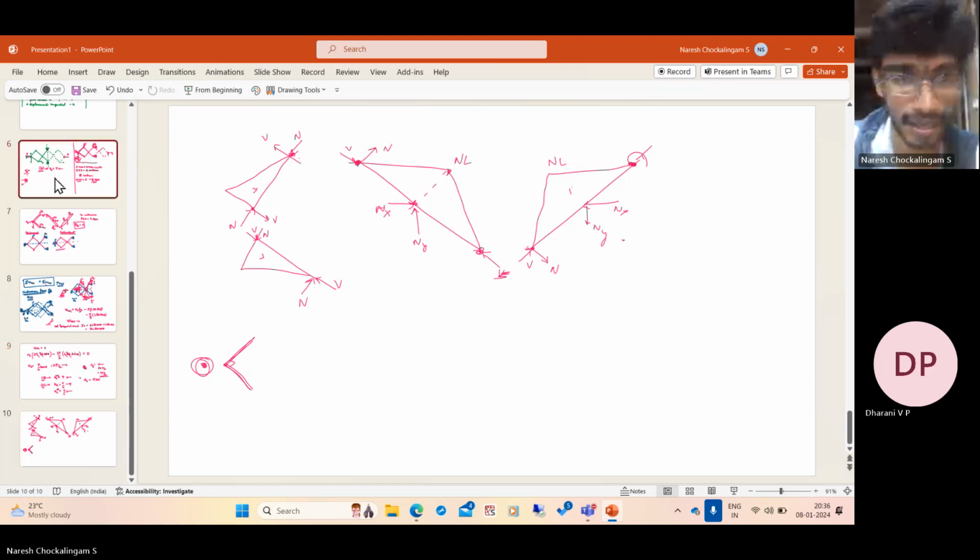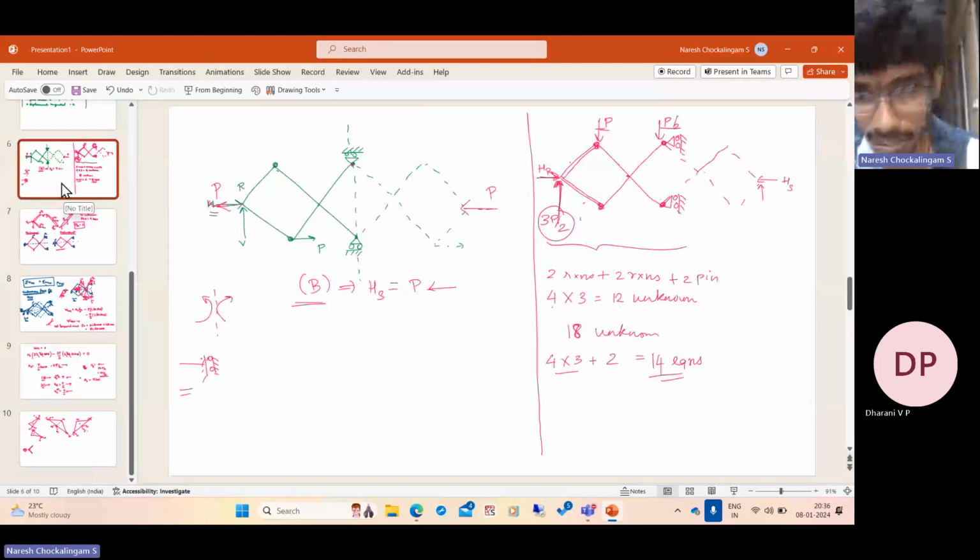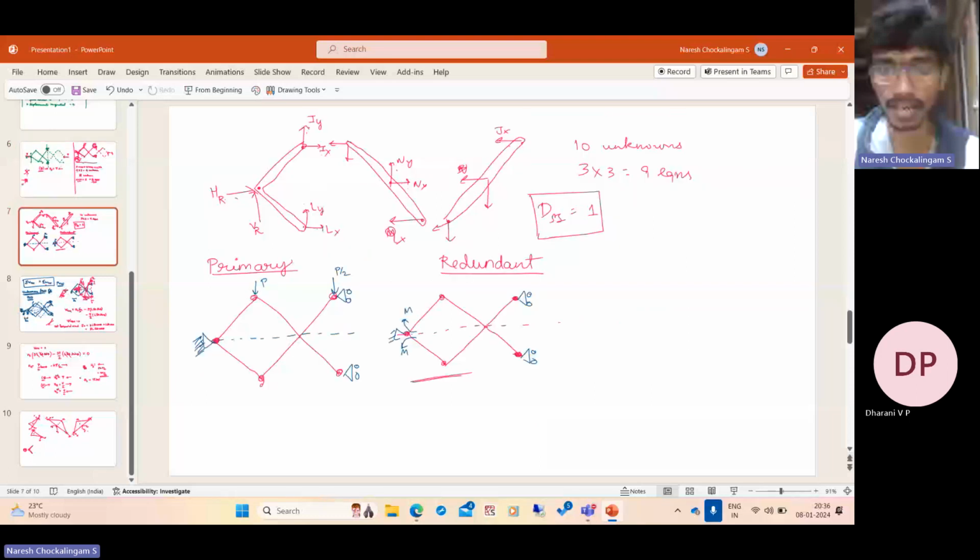Therefore, both the normal force and shear force and the bending moment coming onto this point are 0. We can't say that in general. Up to this point, they have got some. But at this point, the normal force, shear force and the bending moment are 0 because there's only one member connected.